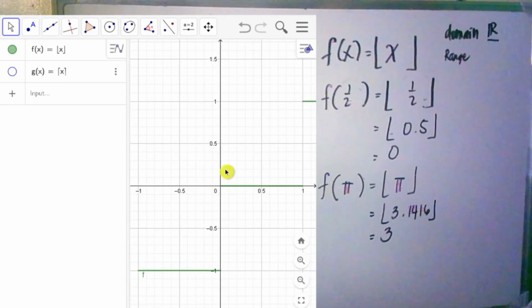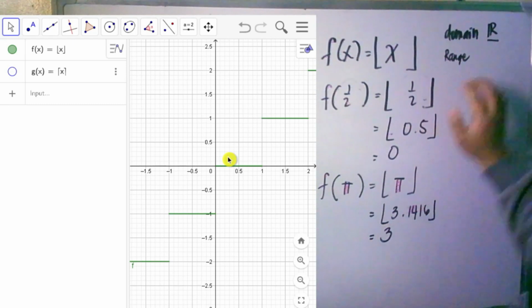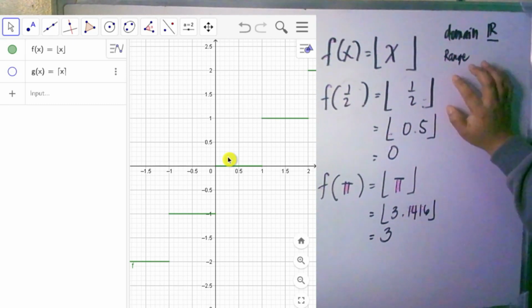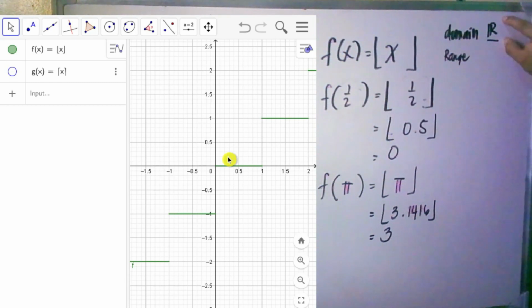Are all numbers in the y-axis covered by the graph? The definition of the range is the set of all possible outputs of the function. The domain is the set of all possible inputs, but the range is the set of all outputs. Because this is a step function, what should be the range?